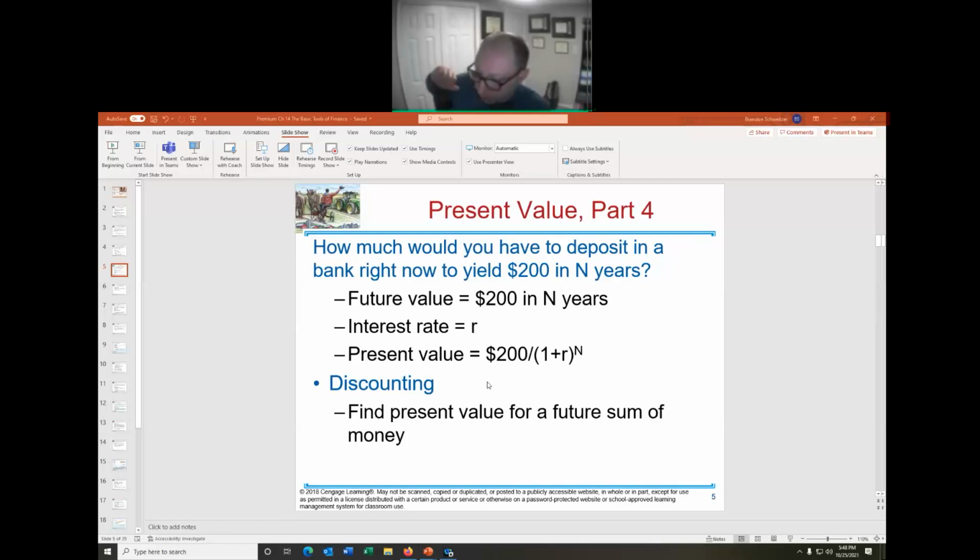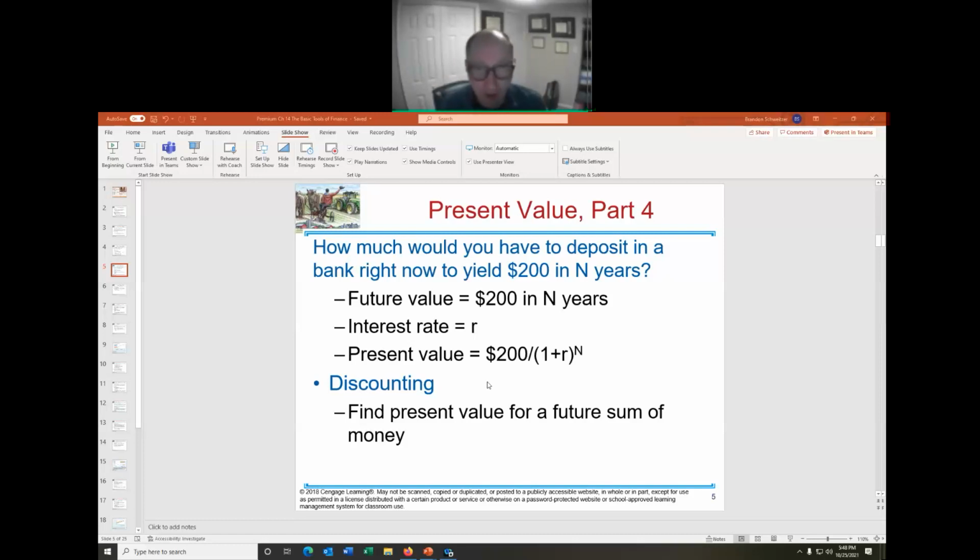So that's working forward, right? If you put the money in today, how much is it worth 5 years from now? You could also work backward. What if you have a goal in mind, and you really want to make sure that you have $1,000 in 2 years from now? Okay, great. That's your goal. That's your future value, right?